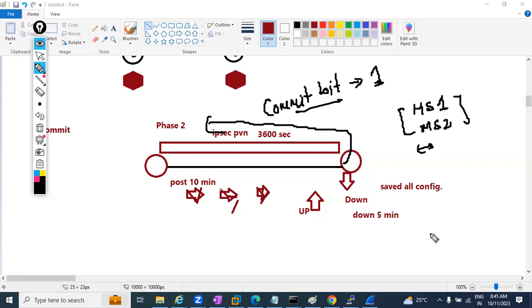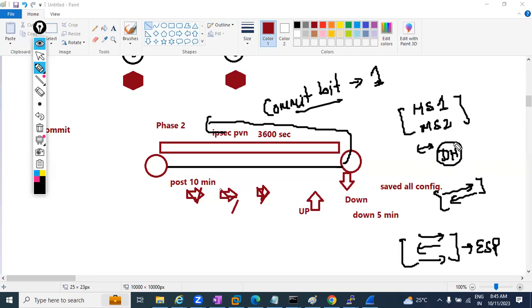The 7th, 8th and 9th messages again no need to exchange, because I have already the ESP information. Authentication again is not needed. What is needed here? Diffie-Hellman, because my previous keying material was saved in my NVRAM. So this time I do not have any keying material, but I have the algorithm, so I'm not able to decrypt the packets.